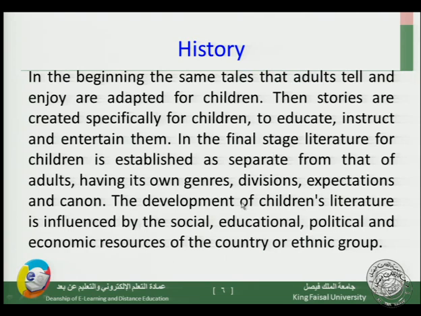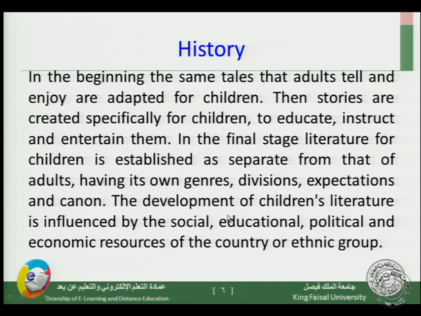The development of children's literature is influenced by the social, educational, political, and economic resources of the country or ethnic group. If you take the blacks in America, for example, or the Christians in Egypt, or the Jews in Britain, or any ethnic minority anywhere all over the whole world, and look into the tradition of children's literature in those groups, you will find lots of surprises, lots of differences, and lots of things that tell us how children's literature has developed.